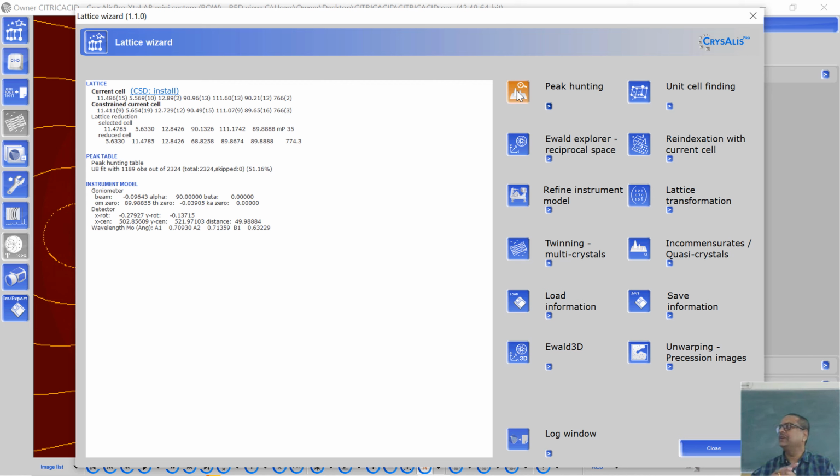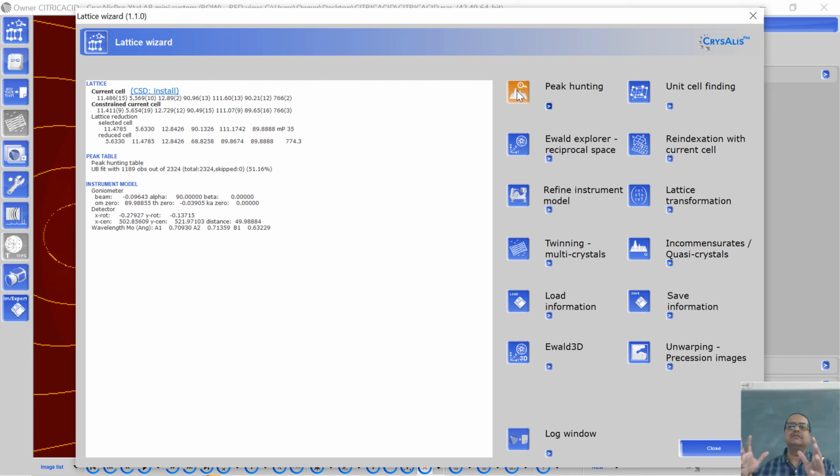If it is a low temperature data, whether at some point of data collection ice formation took place and that started giving you spots or not. Whether the crystal moved out of centering during data collection or not, all that information will come in when you harvest all the frames.